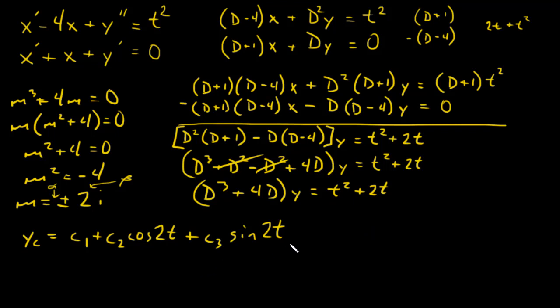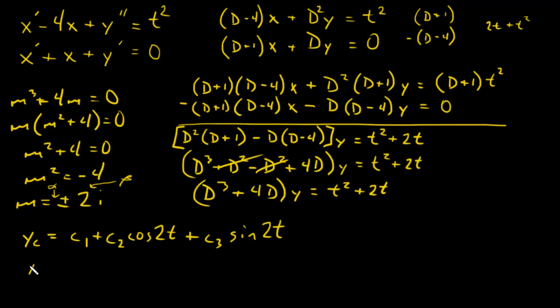So I want to do one thing before I do that, and that's I'm going to put this into the prime notation instead of the differential operator notation before I go for a particular solution. So if you will allow me, I'm going to write it that way. Oh gosh, I have no room anywhere. I'm going to put it right here because I'm going to be erasing it anyway.